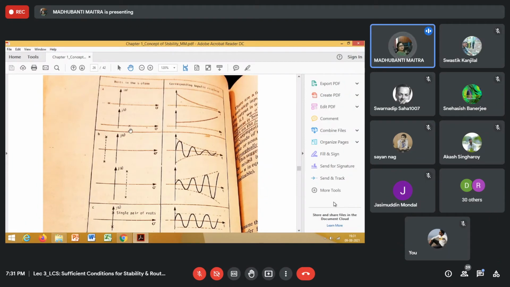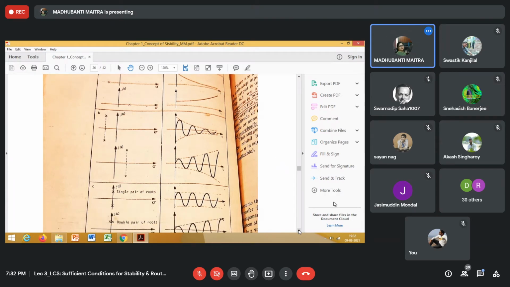For a real root of the characteristic equation in the right half of the S-plane, you see the response term is increasing. This is c(t), the corresponding impulse response. On the y-axis we are plotting the output response c(t) versus t. So it is going on increasing.